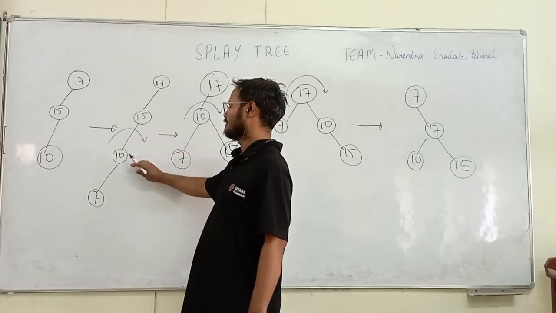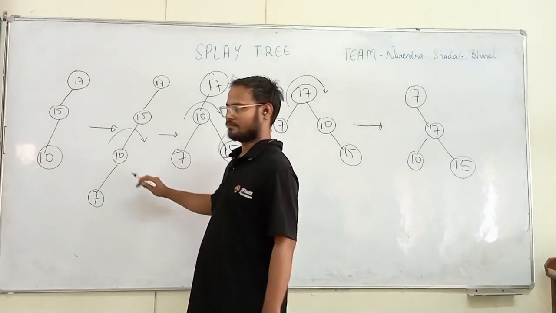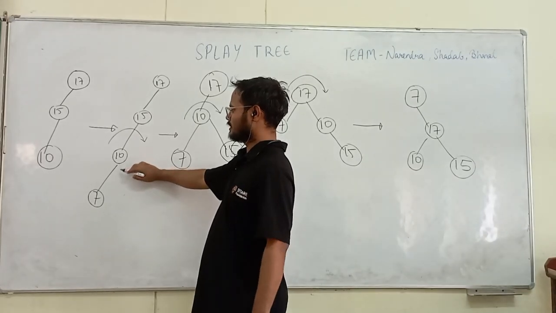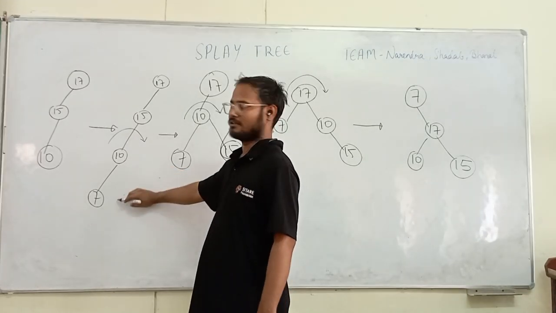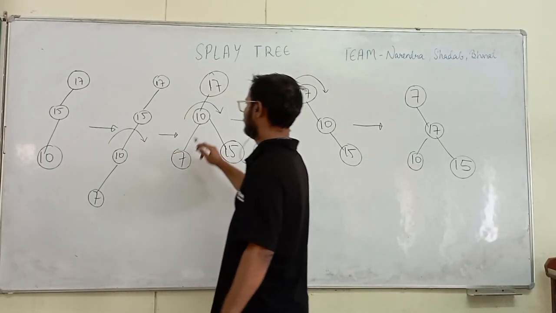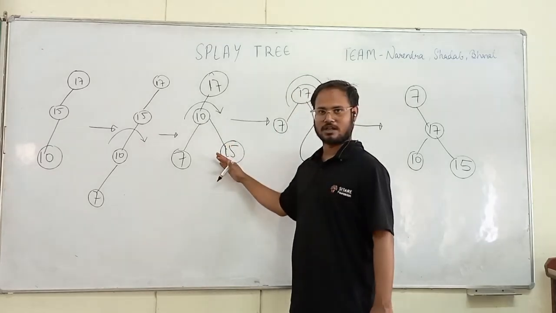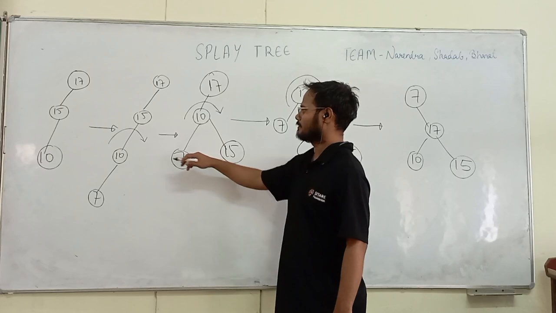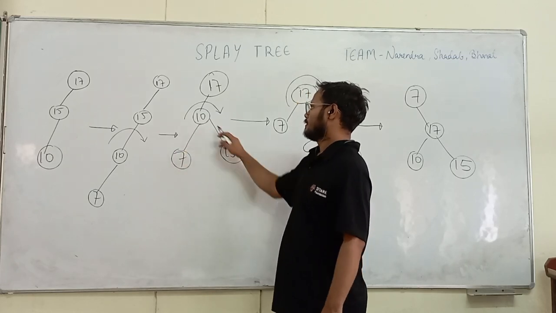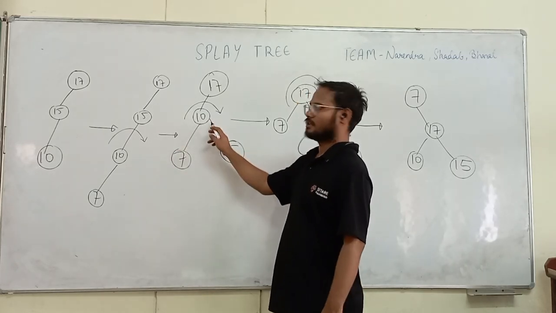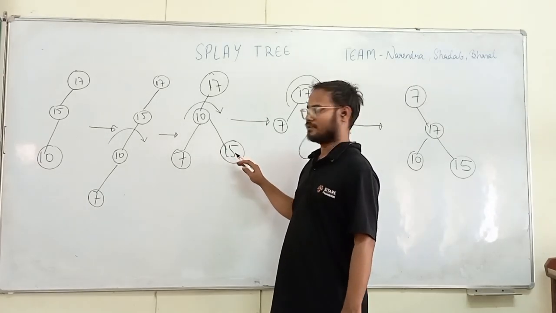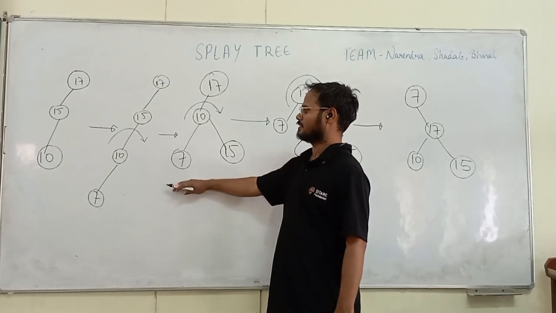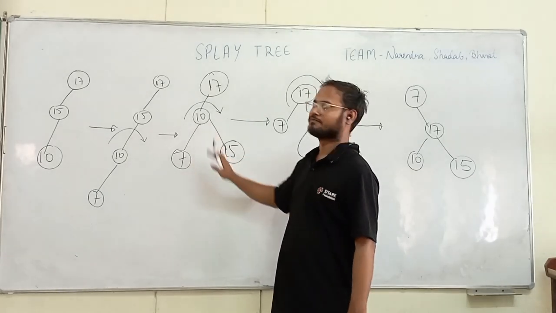So we will do the zig rotation on the parent of the node, and after that we will maintain the order of the BST. Like this zig rotation will take place, and 10 will become the root node, 15 will be the right child, and 7 will be the left child of this node.